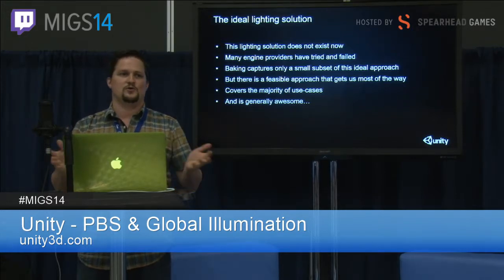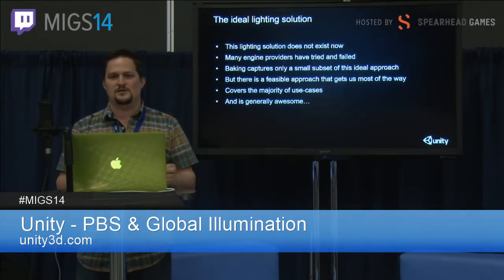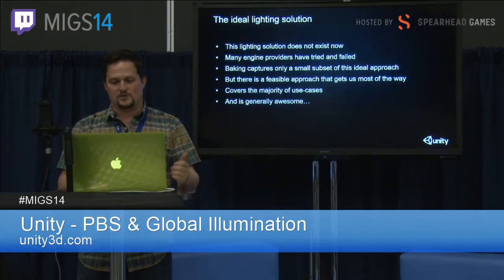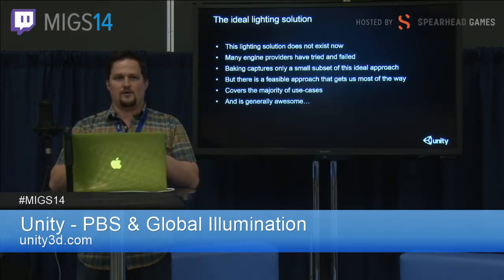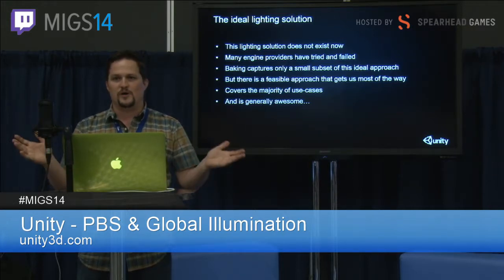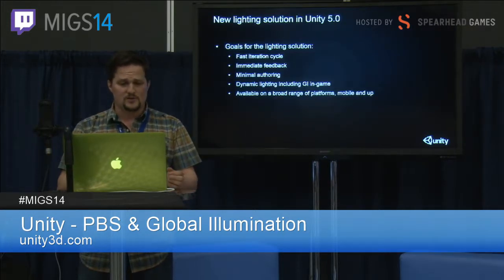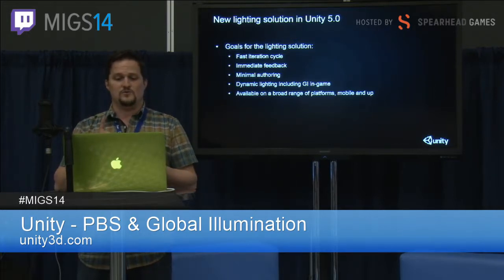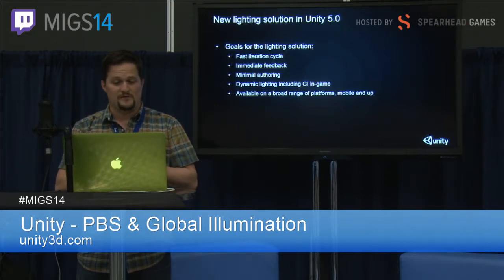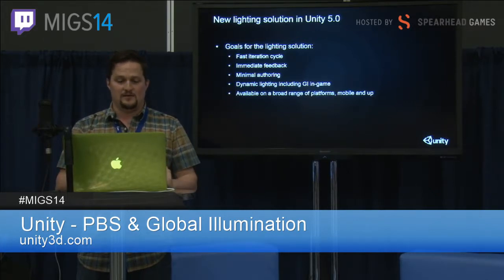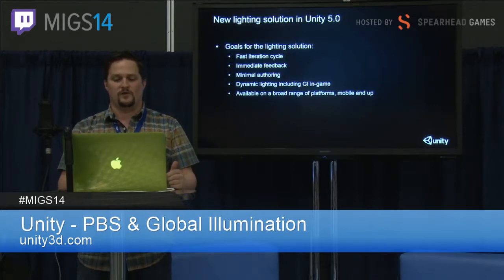And as you know, Unity supports so many platforms that for us it's also important to make sure that the approach that we are using will work pretty much globally. So our goal is to get a faster iteration cycle, get, if possible, immediate feedback without necessarily having to wait for everything to be baked, and have dynamic lighting also in your game, and support all of the different platforms.